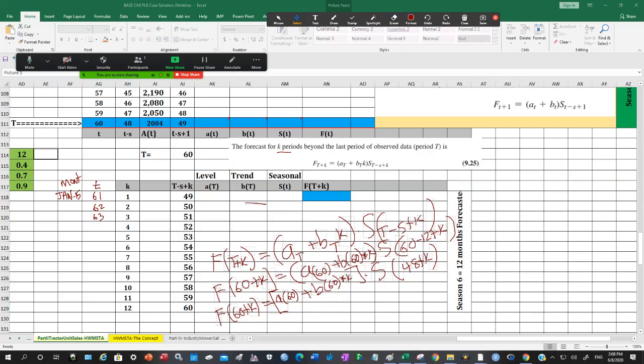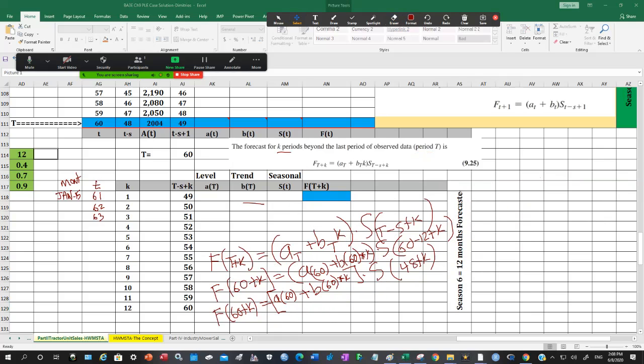So let me repeat this here. This is the formula that will give us the forecast for k periods, where k is 1, 2, 3, and so forth, after the last period of the observed data, period t. So uppercase T is the last period. It's 60.